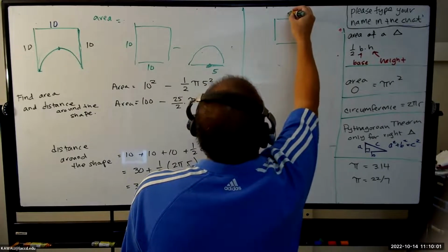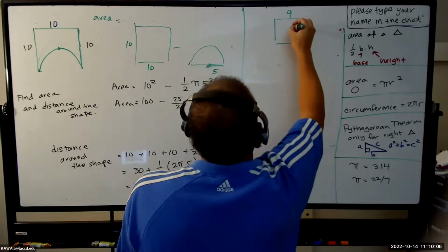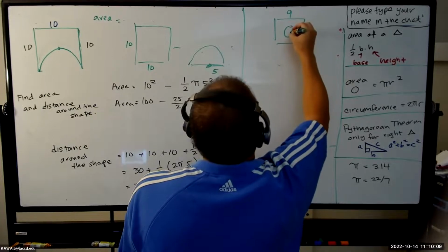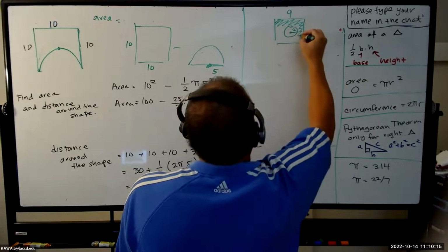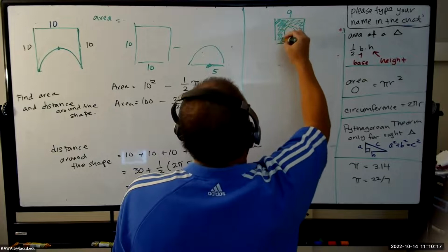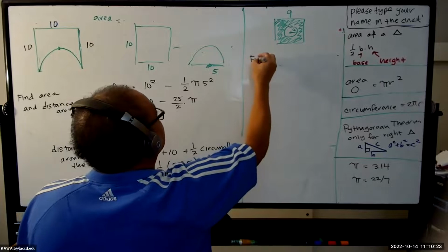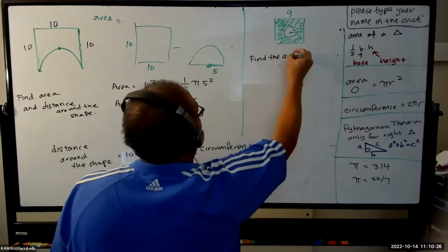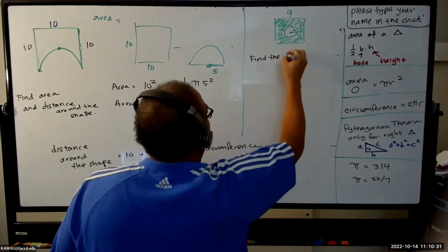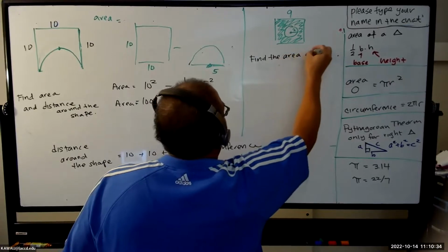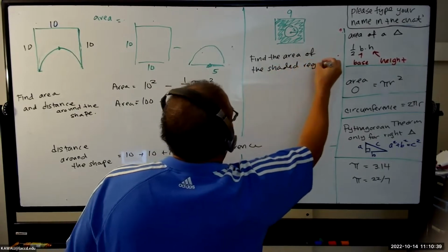Let's make this 9, and then let me give you a circle in it. 2. Find the area of the shaded region.